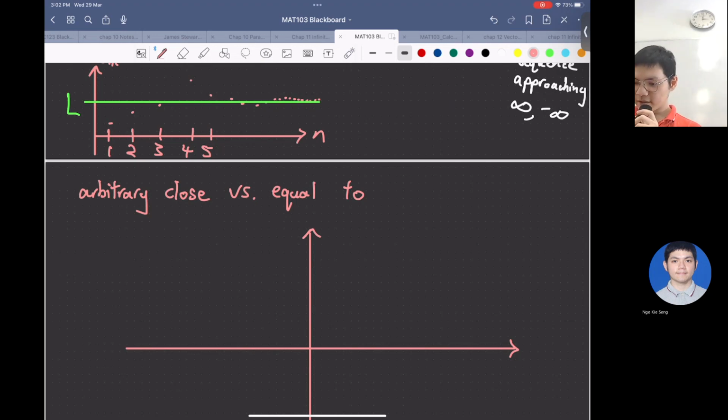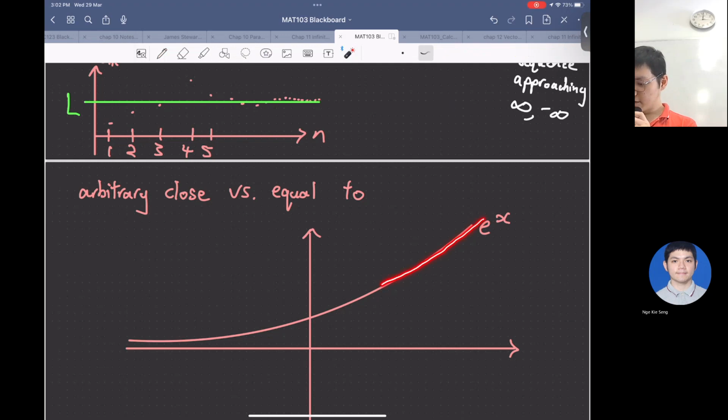So for example, let me show you an example here. What is arbitrarily close versus equal to? For example, this graph here, e to the x. So this curve gets arbitrarily close to y equals 0, but never touches it.